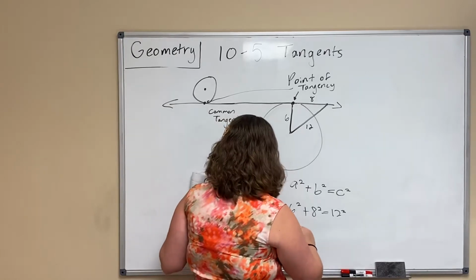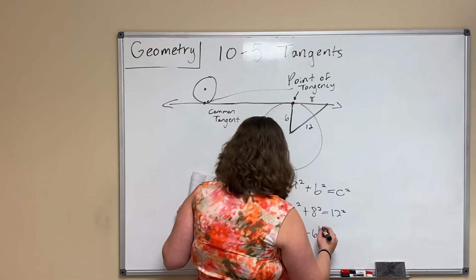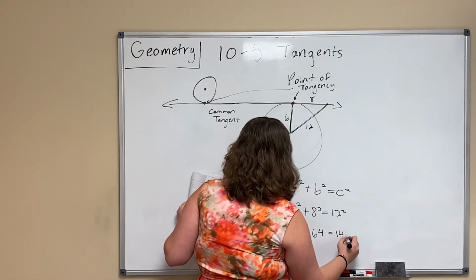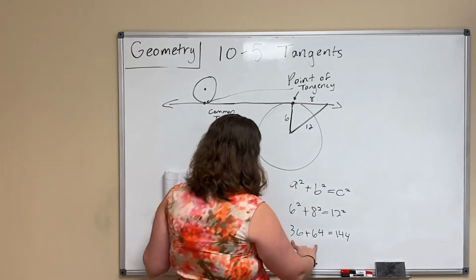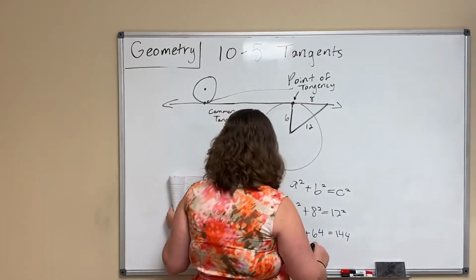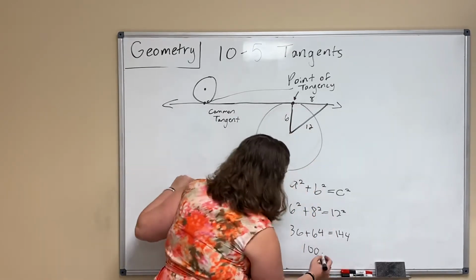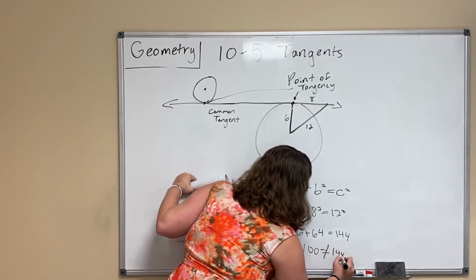So we get 36 plus 64 and 144. Now if I add 36 and 64 together, I'm going to get 100. So I know that 100 does not equal 144.